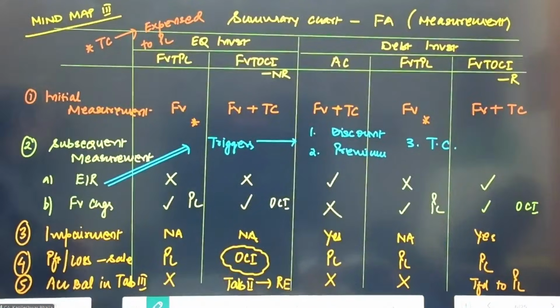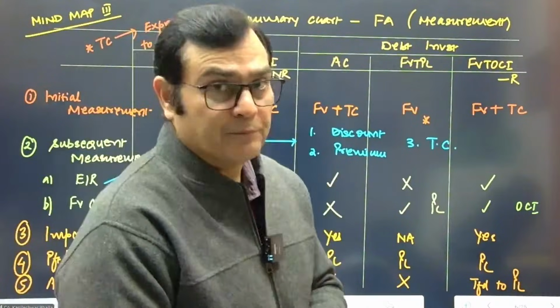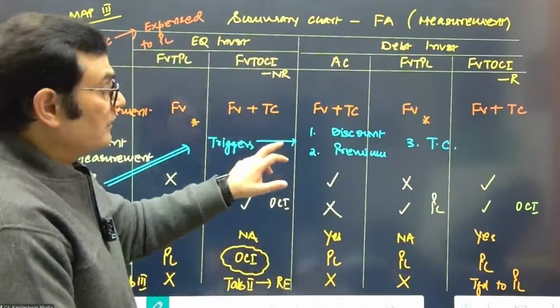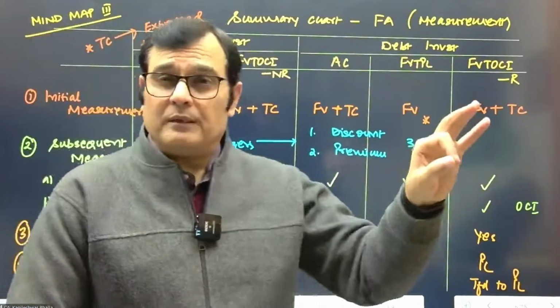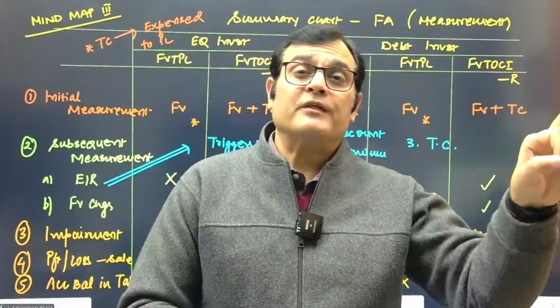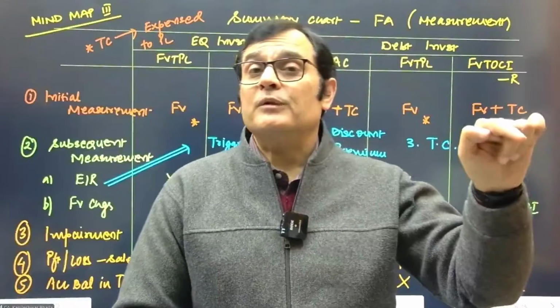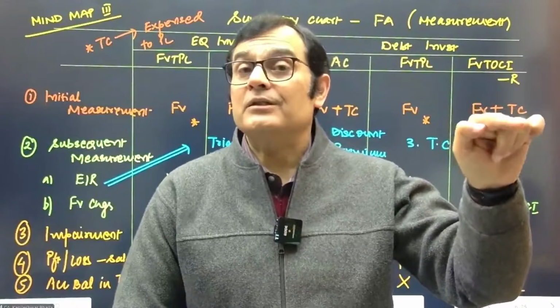Trust me, whenever you're doing questions and you see data talking about a discount on issue or redemption, a premium on issue and redemption, or a transaction cost, that would immediately tell you that yes, there is a need to compute an effective interest rate, especially when you're considering the concept of amortized cost or OCI in terms of debt.